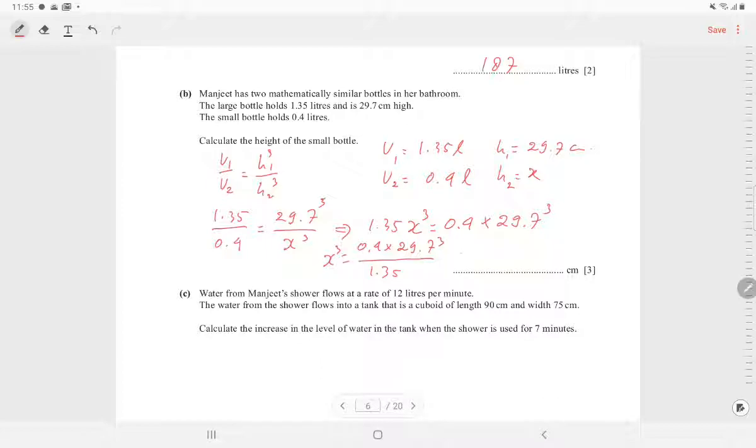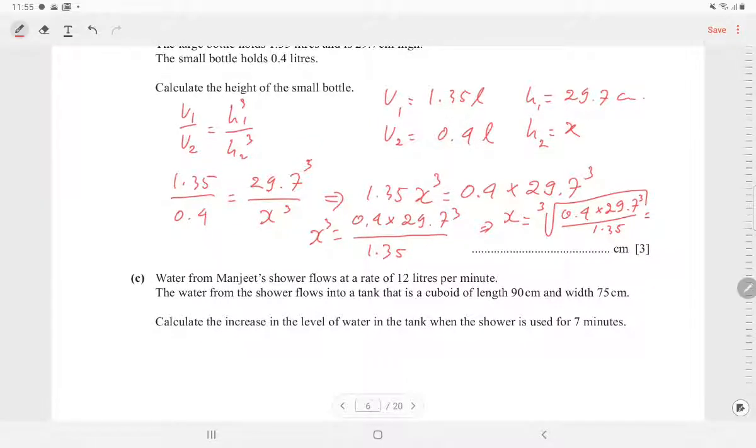So then x equals the cube root of 0.4 times 29.7 cubed over 1.35. Okay, so it's the cube root of 0.4 times 29.7 to the power of 3 over 1.35. So the answer is, x is 19.8.